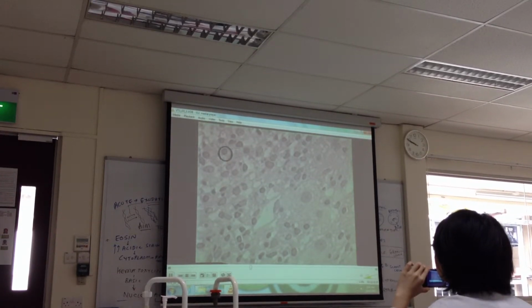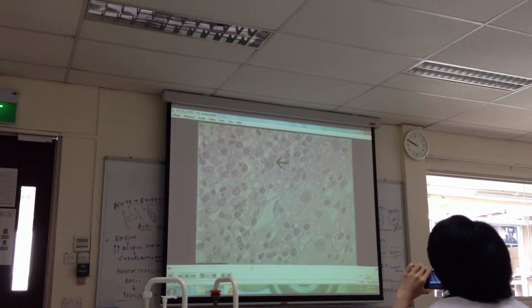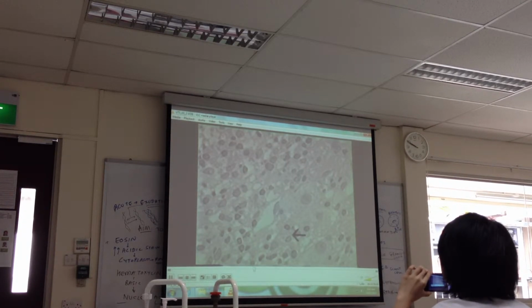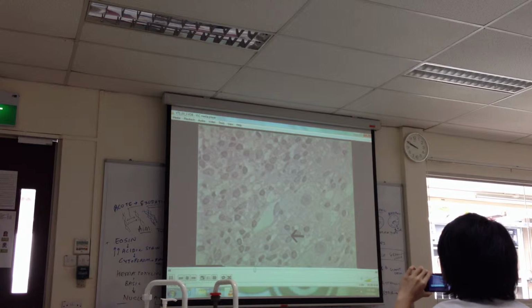And a plasma cell, with its more abundant cytoplasm. These cells, with pale nuclei, are macrophages. The macrophages have primed the immune response, which is trying to destroy the virus.